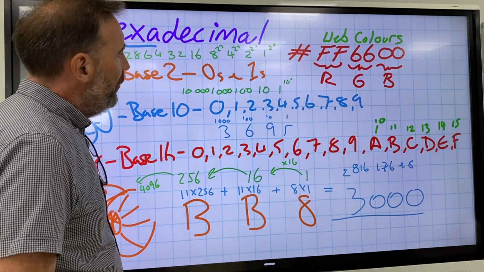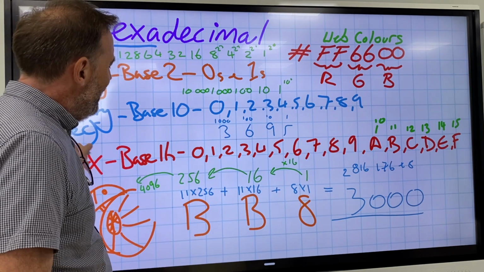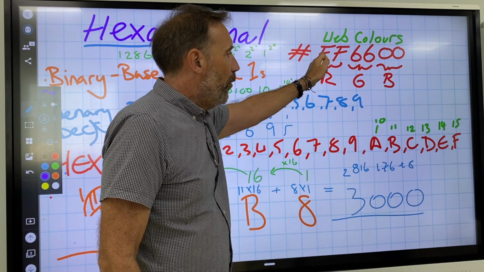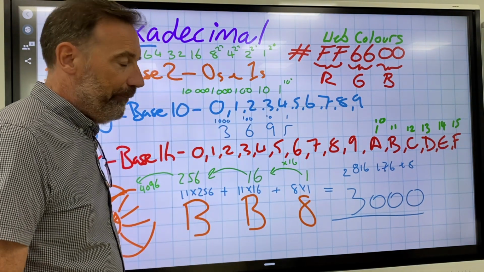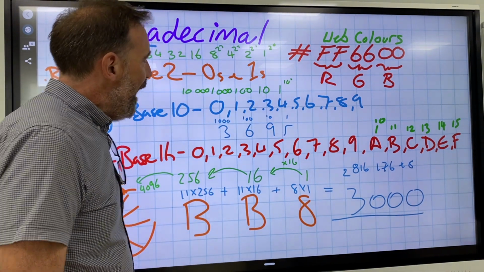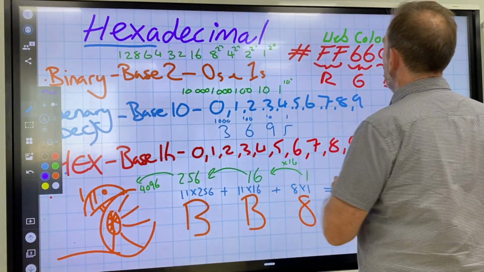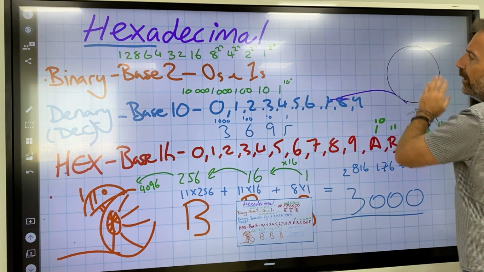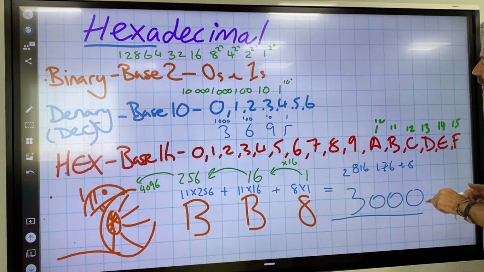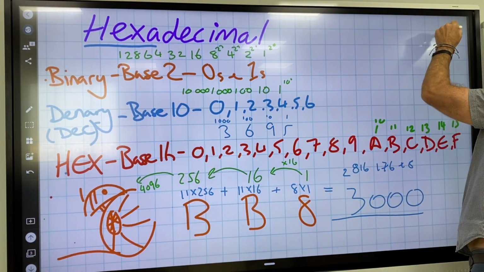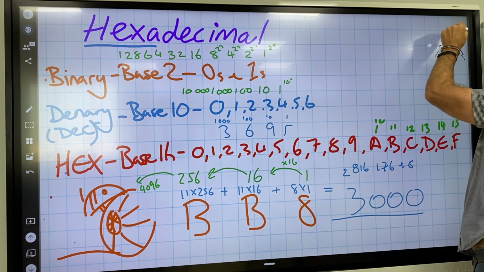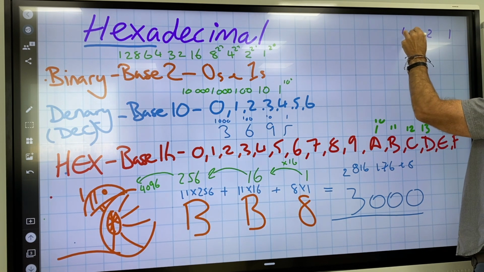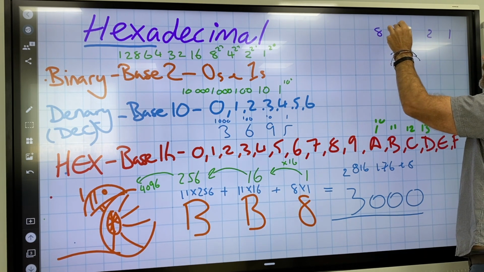The biggest number represented in the hexadecimal system is 15, or F. Think about 1, 2, 4, 8.